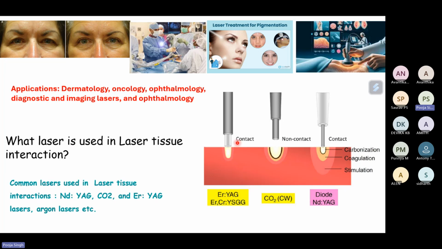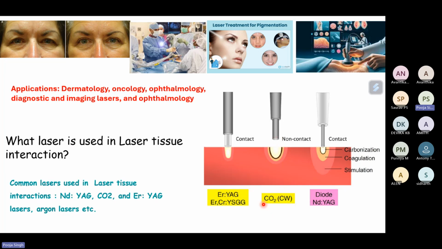So how does it work, what is the principle? The erbium YAG laser or the chromium YAG laser works in contact mode, when the laser is in contact with the tissue. And the CO2 laser works when it is in non-contact with the tissue. Why is it non-contact?